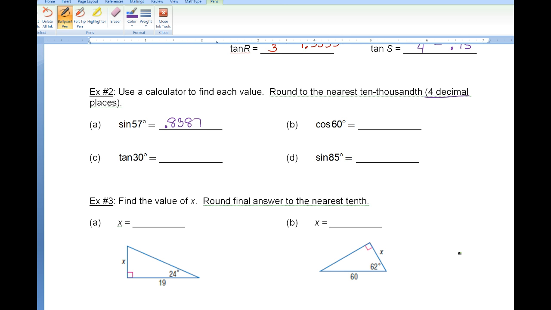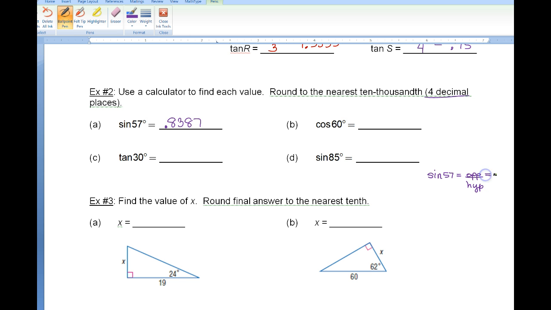You guys can go ahead and plug these other numbers in, but let me explain what it means when we say sine of 57 is 0.8387. Remember how we said sine is equal to the opposite over the hypotenuse.